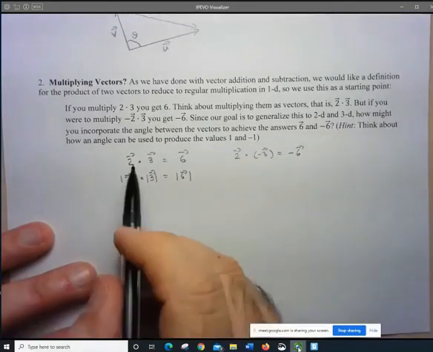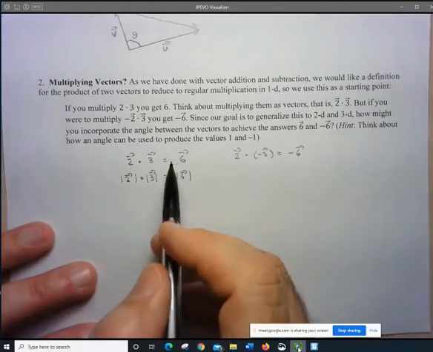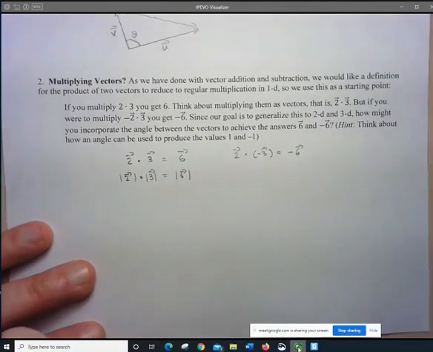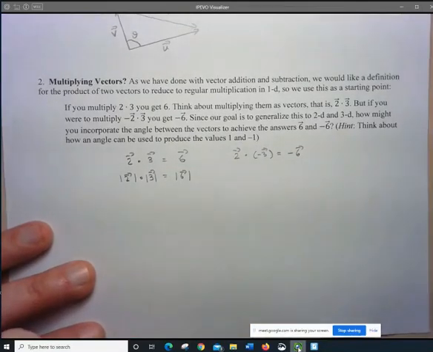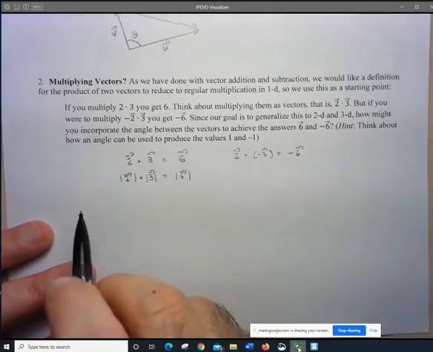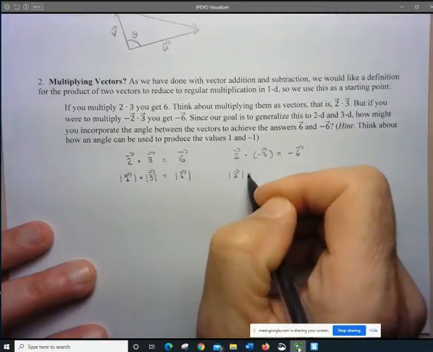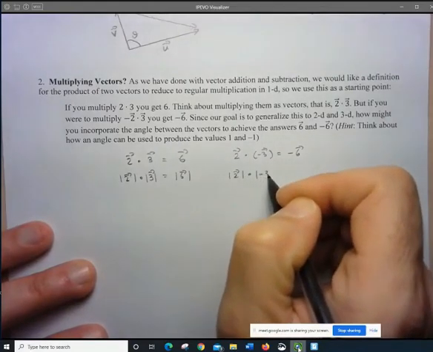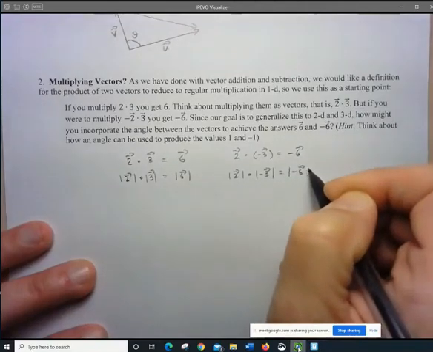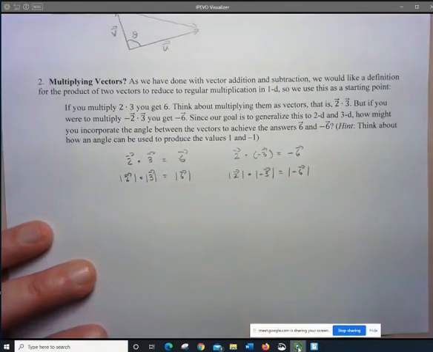So this idea of multiplication, when you think of it in terms of magnitudes, just becomes good old-fashioned multiplication of scalar quantities. If I multiply the magnitude of vector 2 times the magnitude of vector 3, I get, again, just the magnitude of vector -6, but it's the same result. 2 times 3 equals 6.